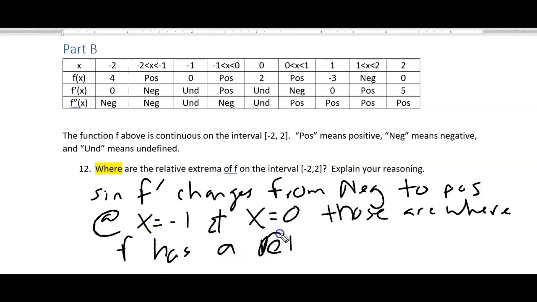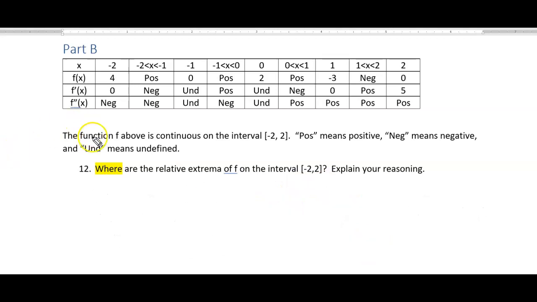It's hard to write on my screen. Sorry for the nasty handwriting. And then we can just rephrase it for the other part.